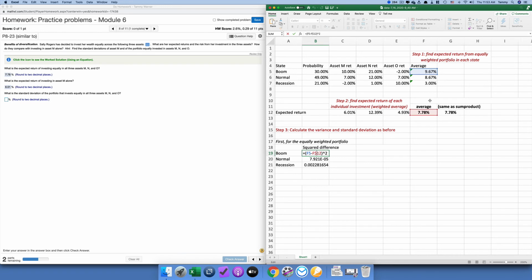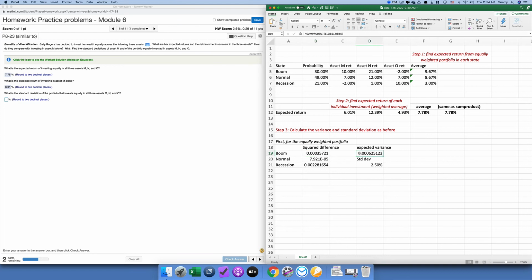So for the equally weighted portfolio, we want to calculate the squared difference between the expected return in the boom state minus the average, and then the expected return in the normal state minus the weighted average, and again the expected return in the recession minus the weighted average. So those are our squared differences. So we've got the squared differences in all of these numbers.